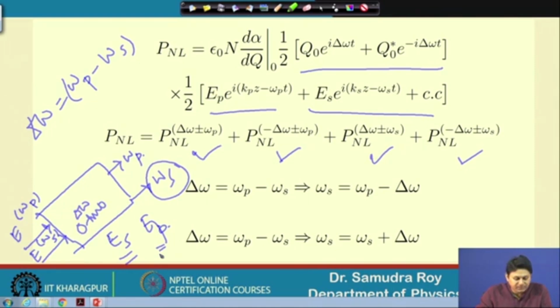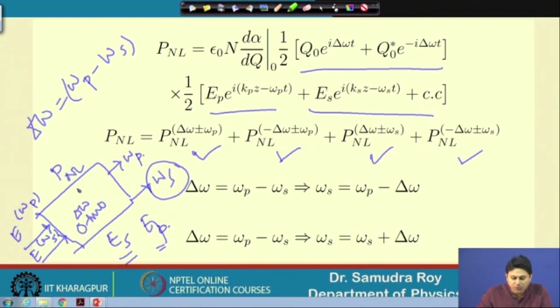So, if E s is going to amplify, we need to find out what is the differential equation of E s. In order to find out the differential equation, we need to know what is the source term of that, which is P nonlinear. P nonlinear is the source term, and we find here that P nonlinear is containing this much of frequencies.